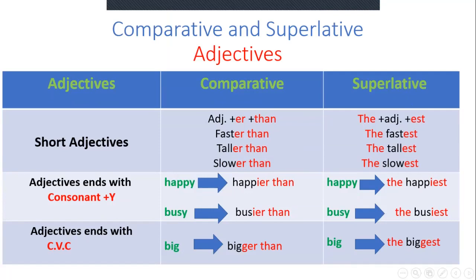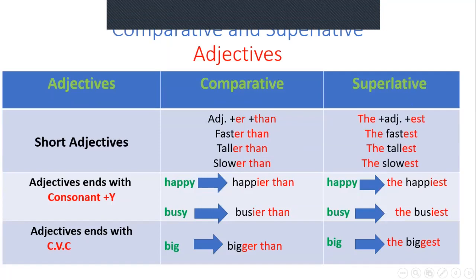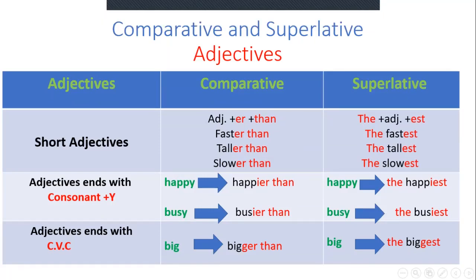To make comparative and superlative adjectives in short adjectives, we use adjective plus er plus than to make comparative, like faster than, taller than, slower than, bigger than, smaller than, and so on.